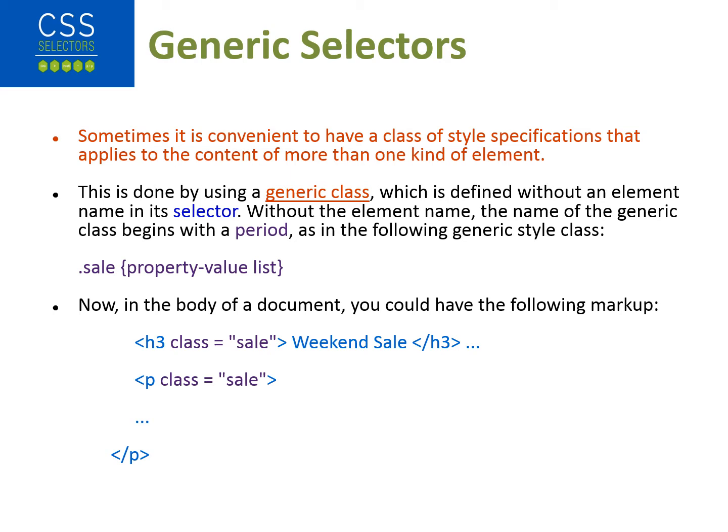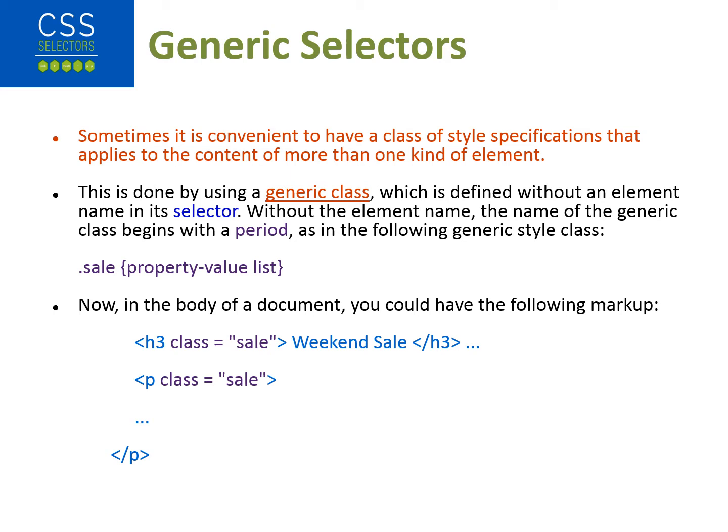Wherever we are going to apply this particular class of style definition, inside that tag we have to specify the class as sale. So now in the body of the document, you could have the following marker: H3 class is equal to sale. What happens to the text in H3 is that it will appear in the style specification given in the sale class or sale selector.